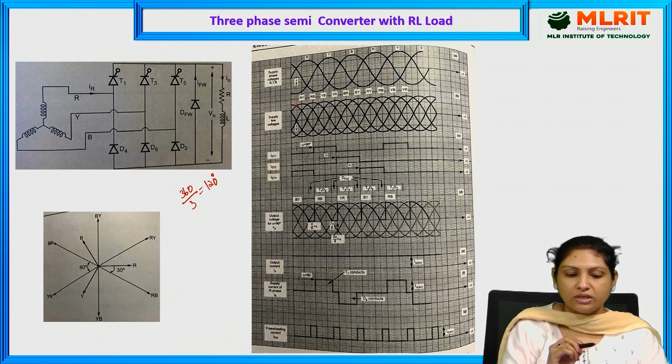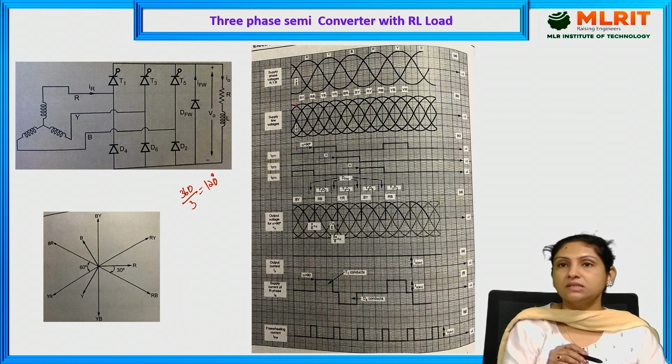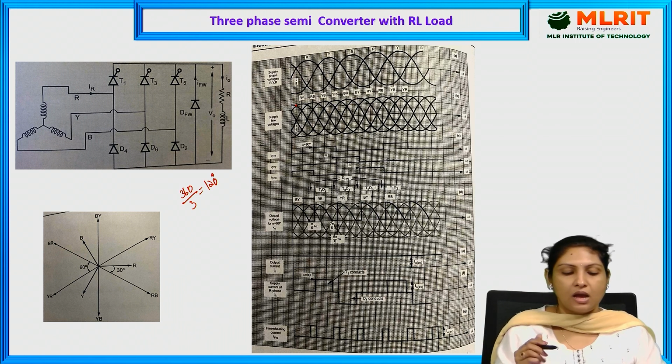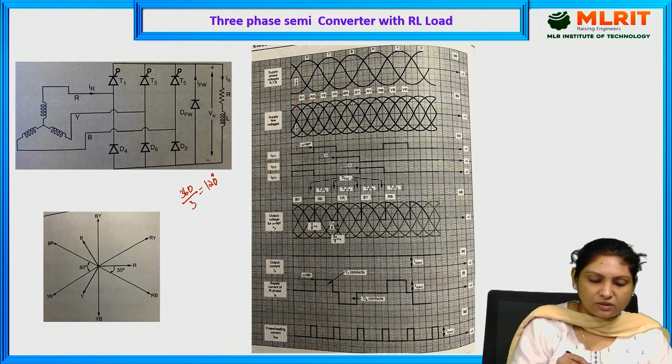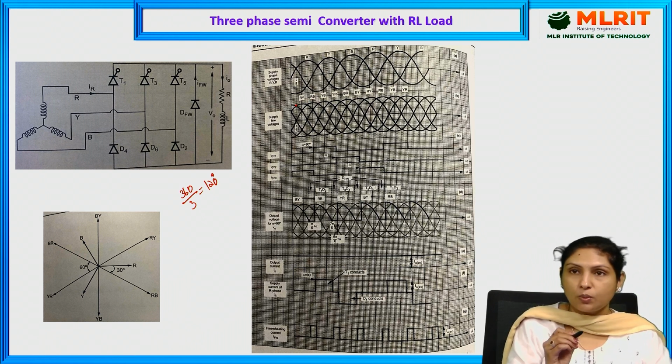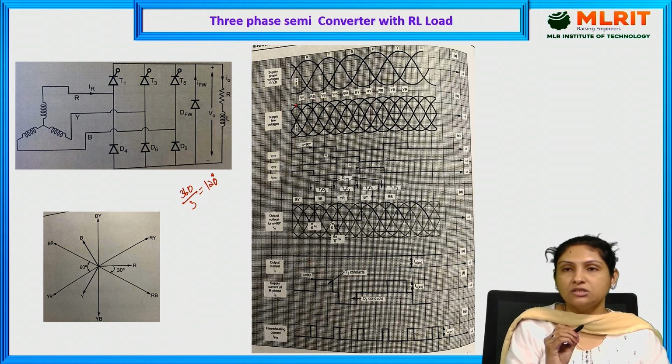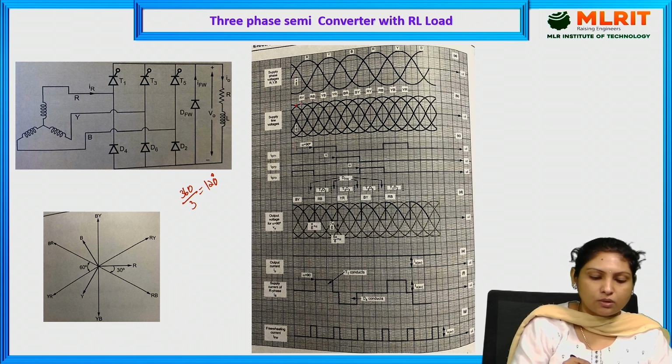That is the only reason we consider the zero crossing as the reference. And here the RY phase has appeared, and we need to provide the triggering pulse at that instant, alpha equal to 90. So this is alpha equal to 30, 60 and 90.